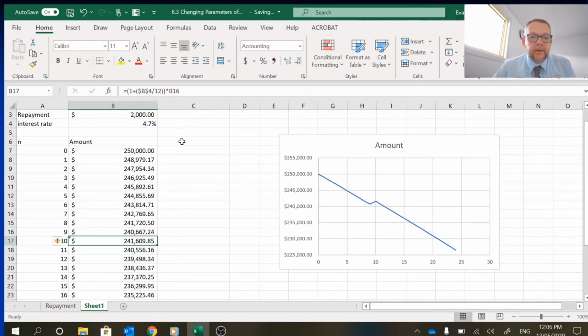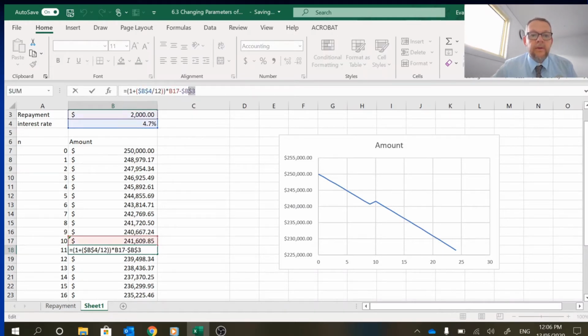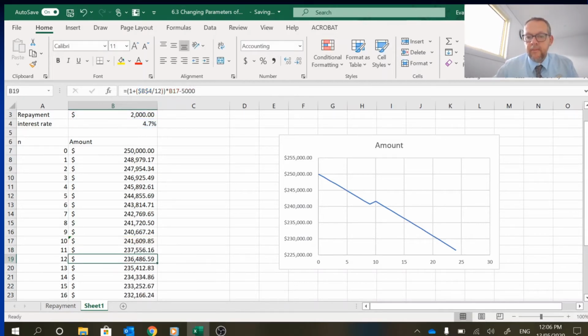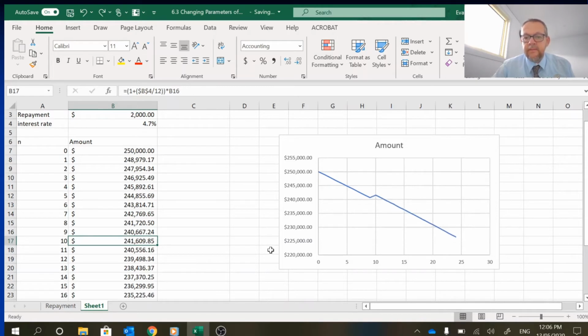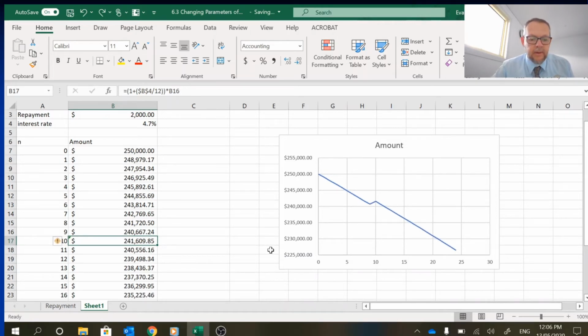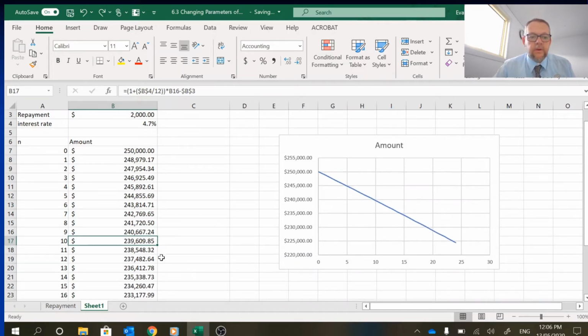And what happens if, instead of saying $2,000, oh well, I can actually catch up now, and let's pay a bit extra. You can see that that has dropped down again. So the effect of, first of all, missing a payment is to bring that line up, and I'll Control Z that.